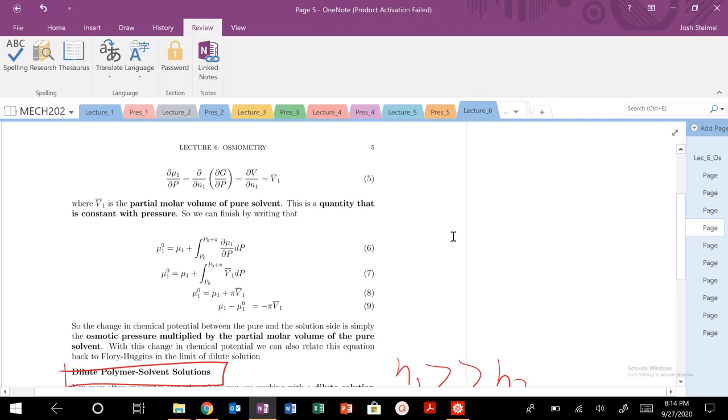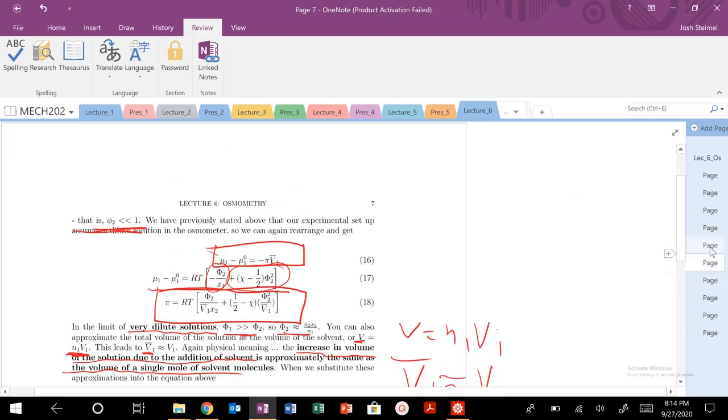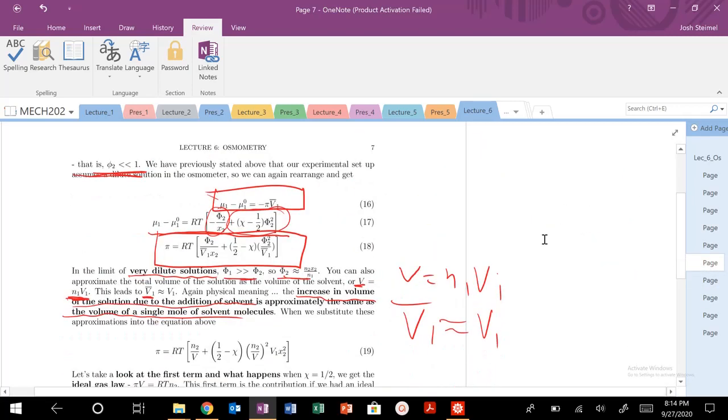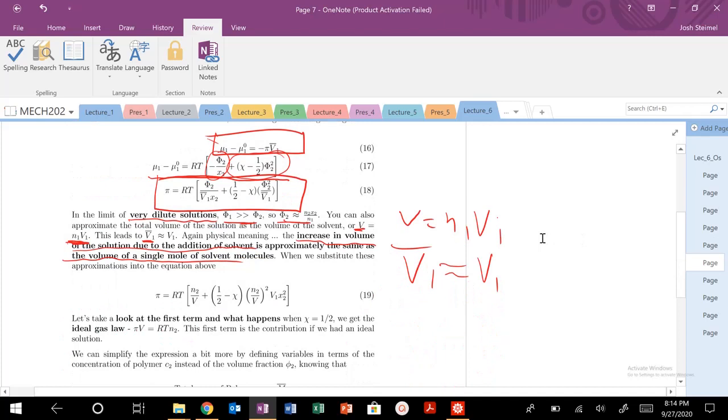The change in volume due to the change in the number of moles is our molar volume. So V1 is equal to N1 right here. So when we substitute this in, effectively that V is equal to our molar volume right here, we get this expression finally.